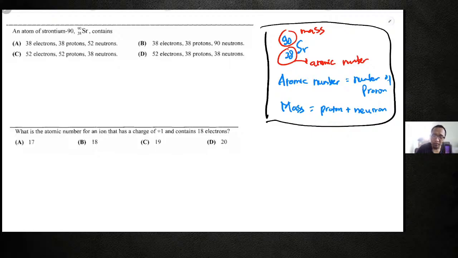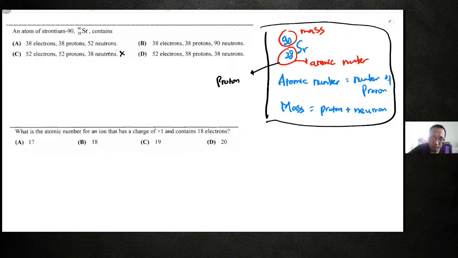Based on this information, the number of protons is the atomic number. So we can eliminate the multiple choices one by one.